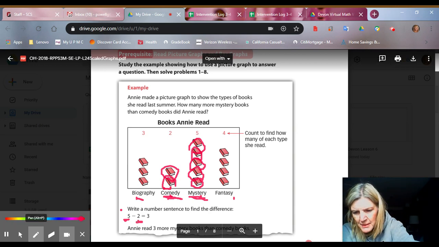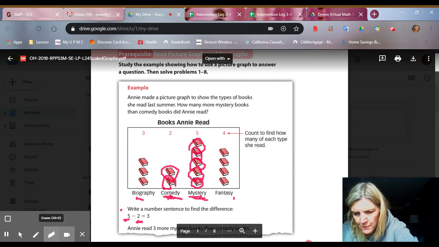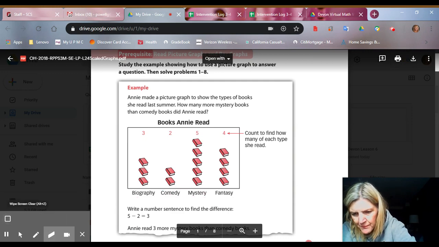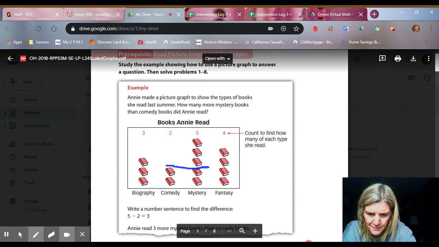And the other way you can take a look at that is, if you look at your graph and you say, okay, we need to know how many more mystery books than comedy she read. Well, comedy, this is where they line up.